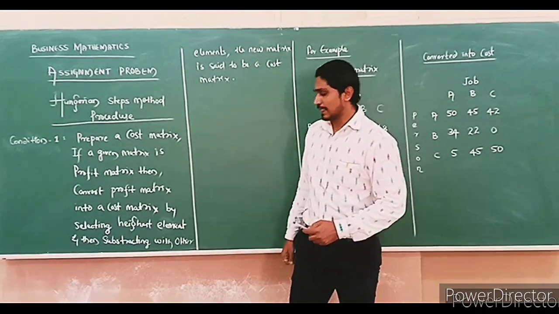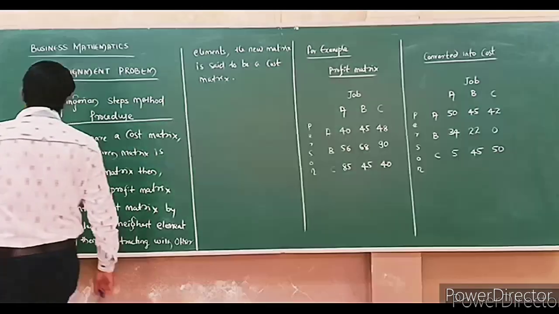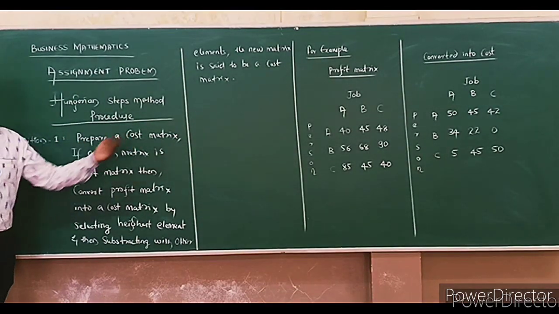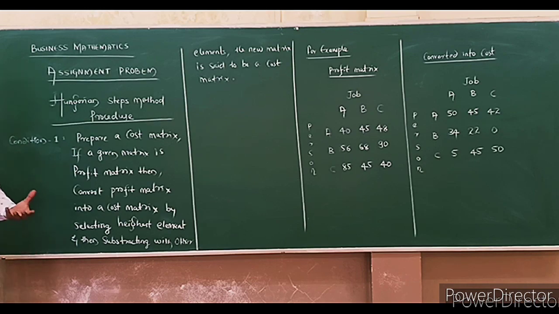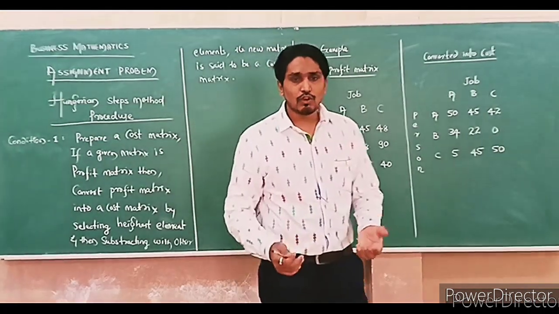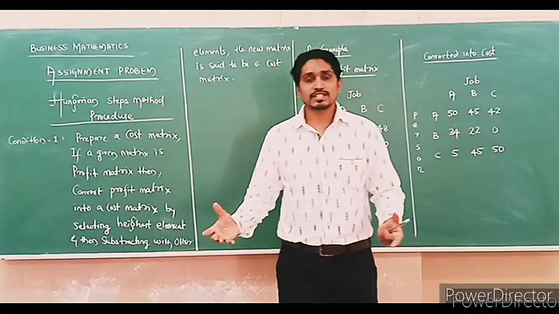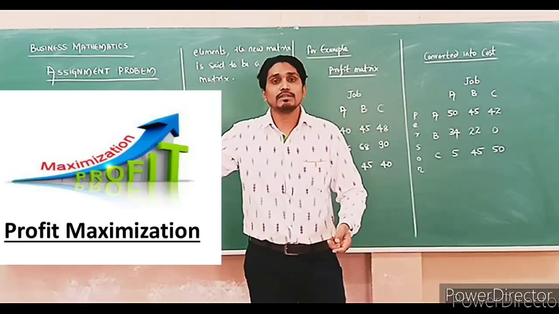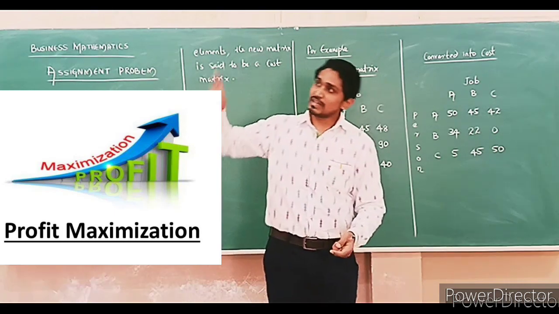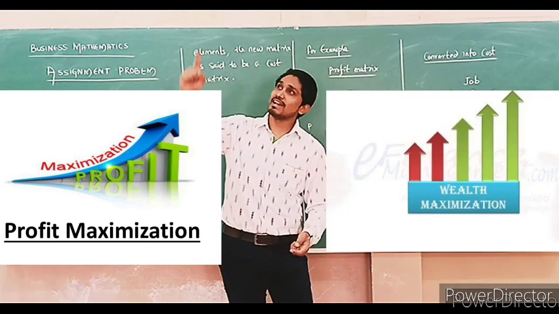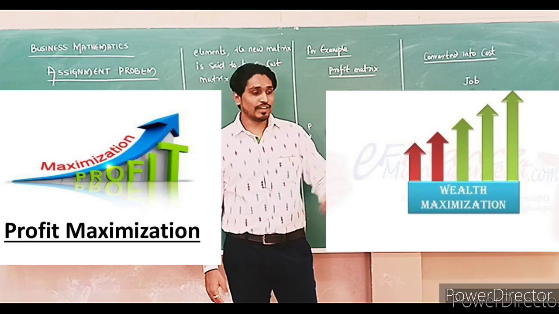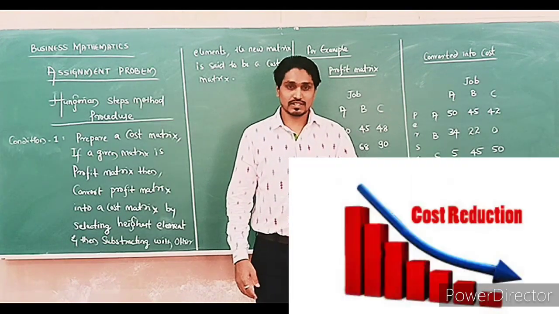What does it say? You can read out condition number 1. First of all, we have to prepare a cost matrix. What is a cost matrix? The objective of any organization is to maximize the profit, not minimize the profit. Maximization of profit or maximization of wealth. When that is possible, then you minimize the cost.